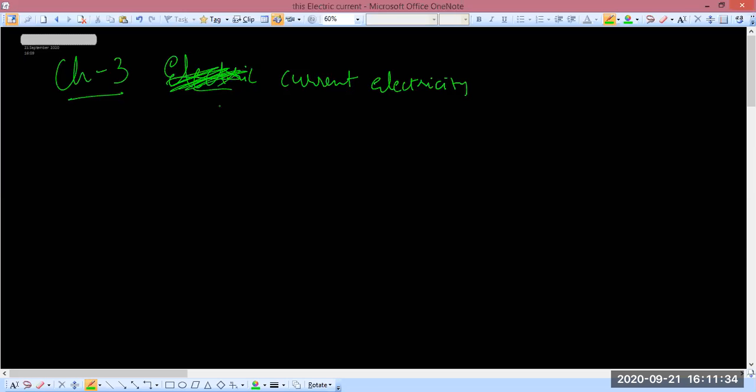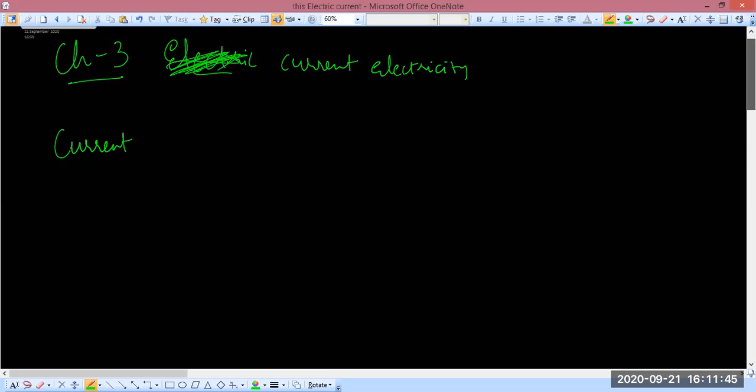All right. So in this chapter, like the name suggests, we are going to study about current. I'm sure you have studied this definition. A lot of this chapter has been done in 10th, so I'm hopeful that you'd be remembering a lot of things.